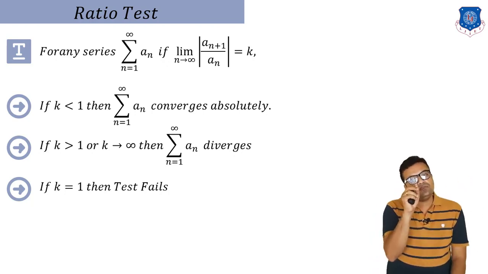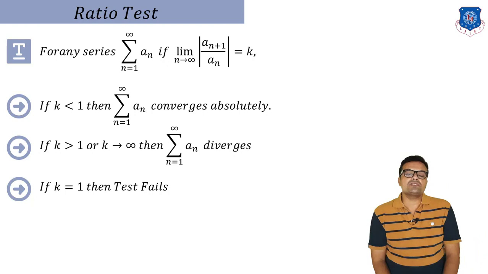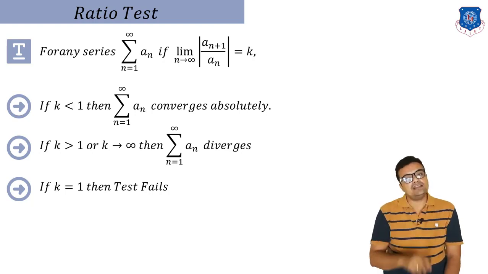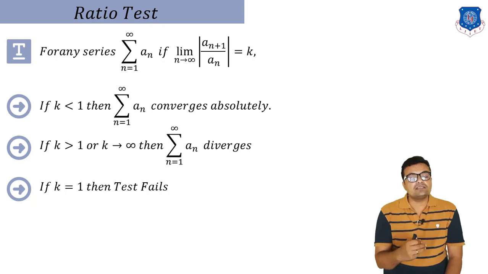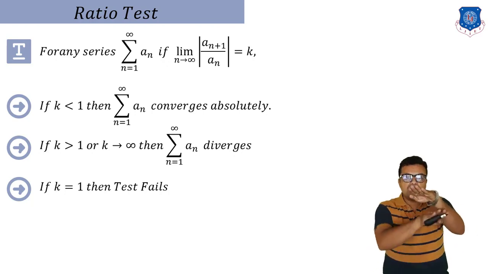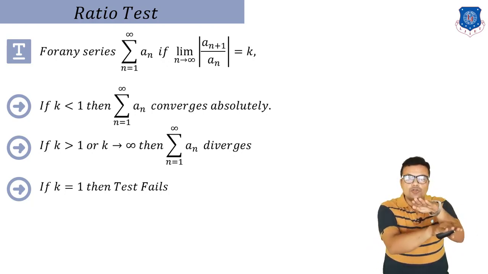So if at infinity your two consecutive terms are holding this ratio k and that k is less than 1, in that case a_(n+1) is less than a_n. So what does it mean? It means that a_n, which is the current value, is bigger than the upcoming value a_(n+1).